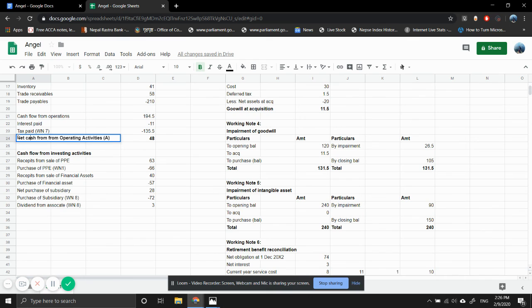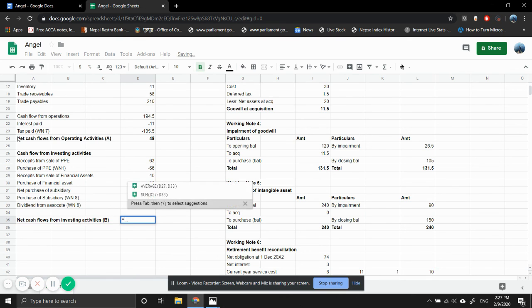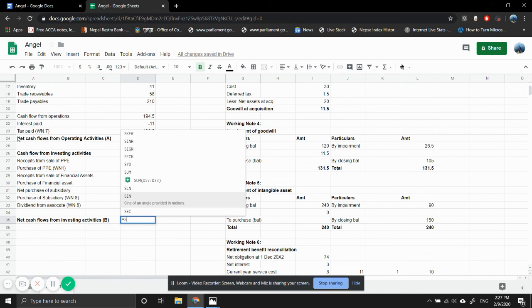Net cash flows from investing activities, B. This will be the sum of everything, right?